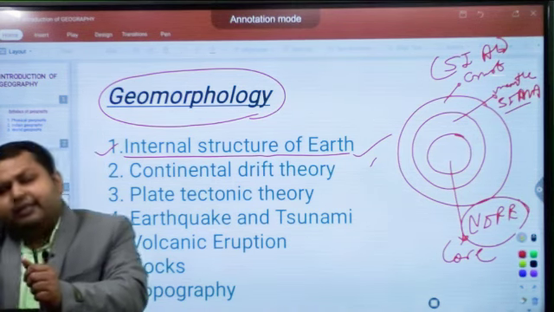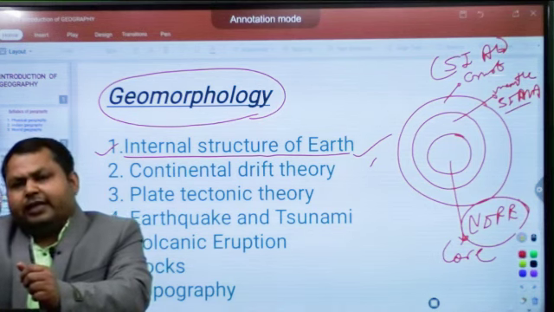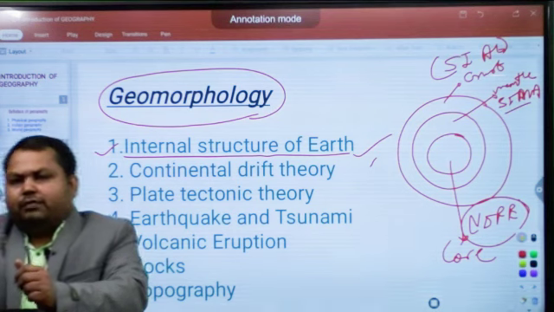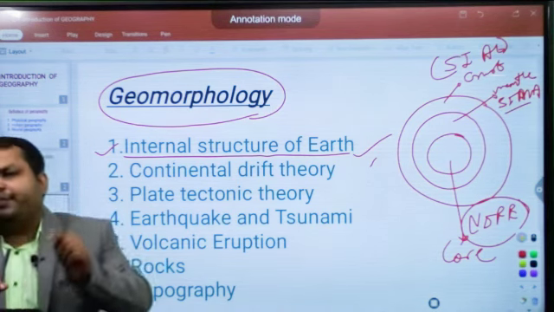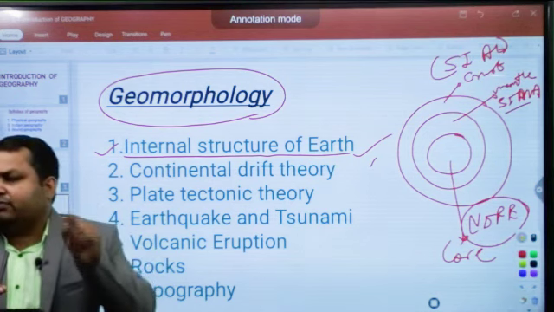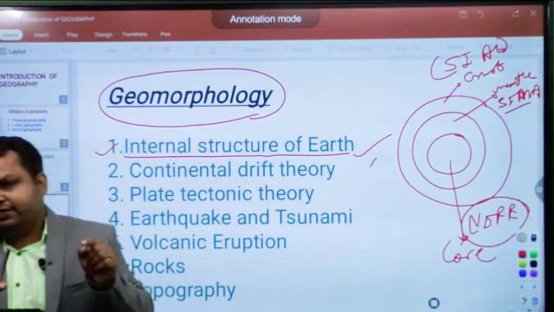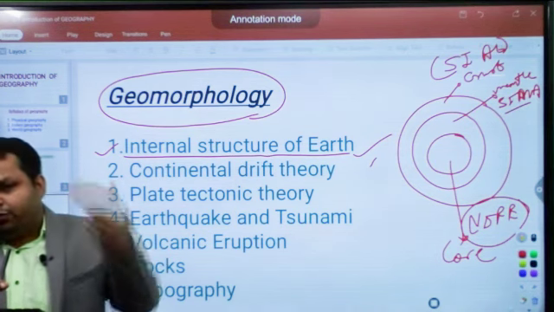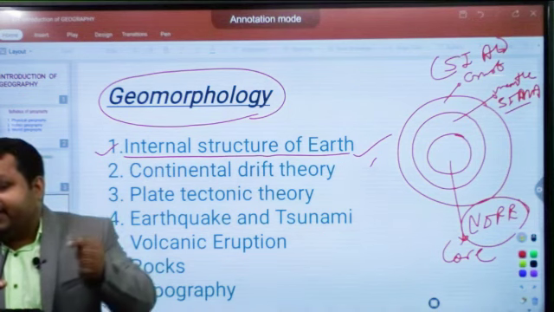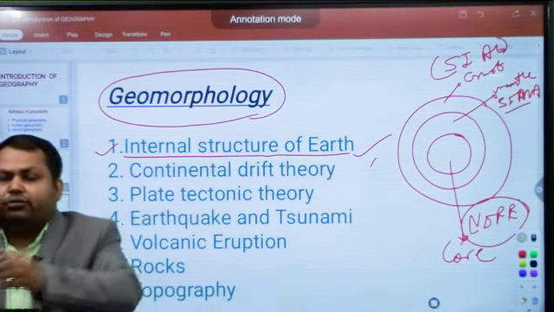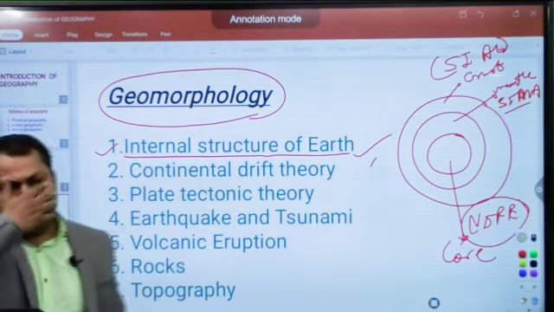That heat energy is responsible for the origin of hot molten material, that is magma, and magma is responsible for movement of the outer part of the Earth, that is the crust or the plates. Due to movement of the plates under the influence of convection of magma, there takes place formation of landforms like new folded mountains, plateaus, plains, valleys, etc.